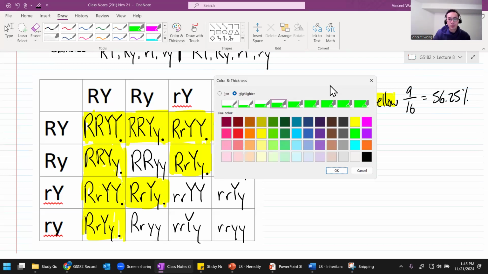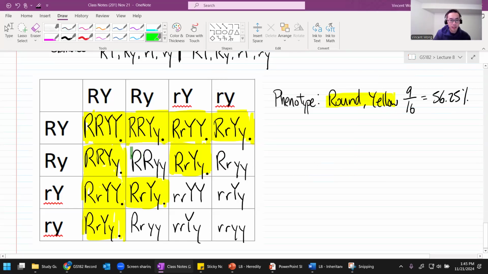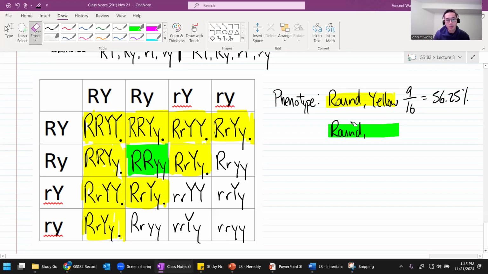Let's do another phenotype. Let's do this one. This one is round because it's big R, and then small y, small y. Oh, I am so sorry. No, it's correct. Just confusing myself here. It's round, and then small y means it is green. Okay, so how many round and green do you see?